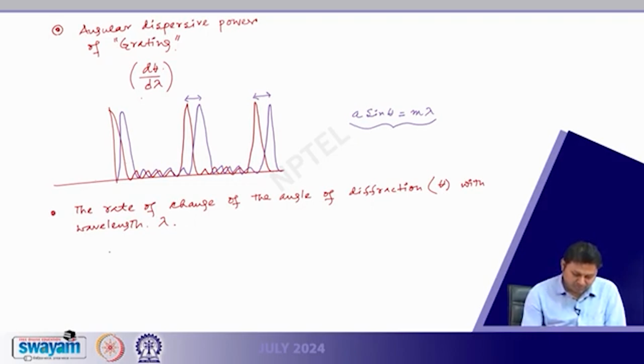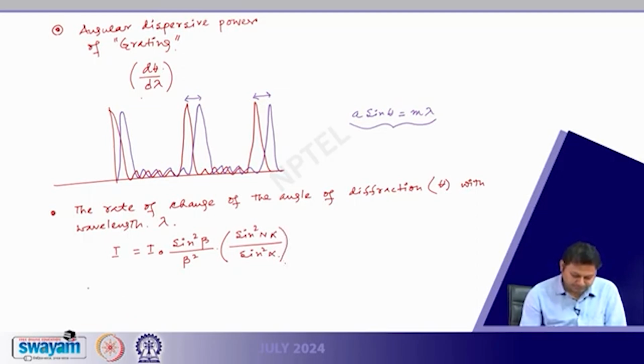principal maxima. So, we have I is equal to I naught sin square beta divided by beta square multiplied by sin square n alpha divided by sin square alpha. That was the form we have.